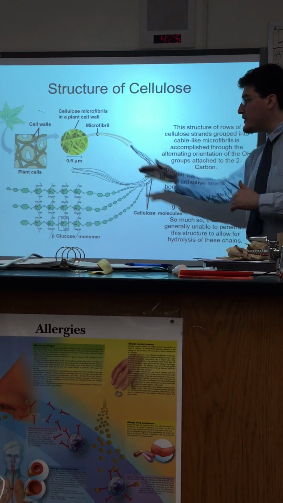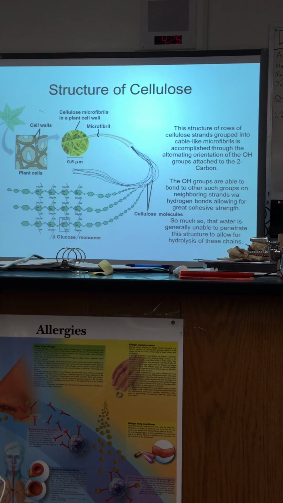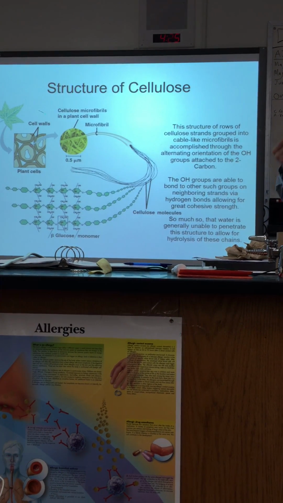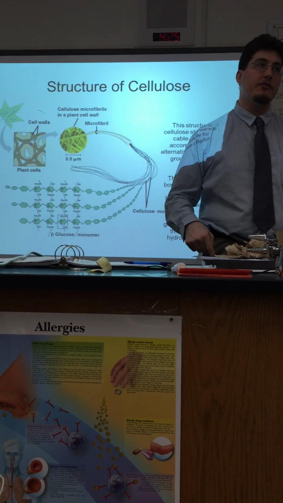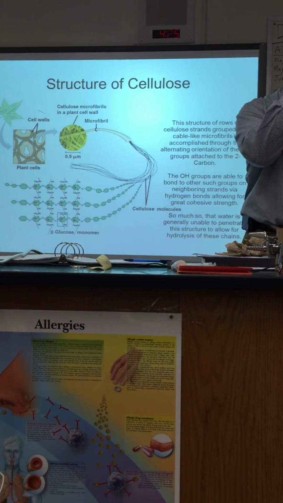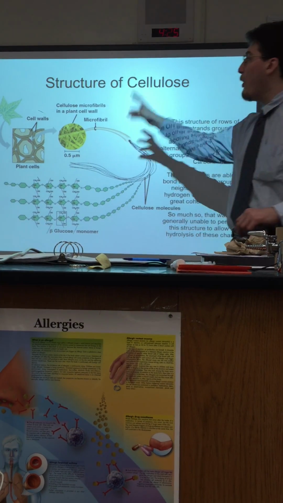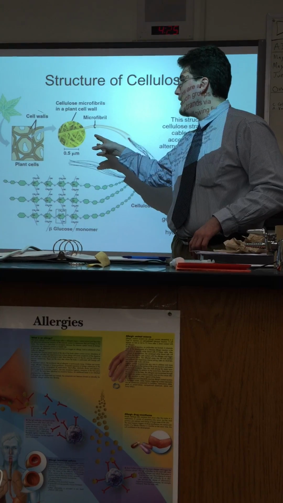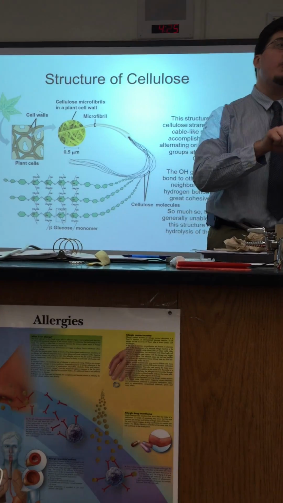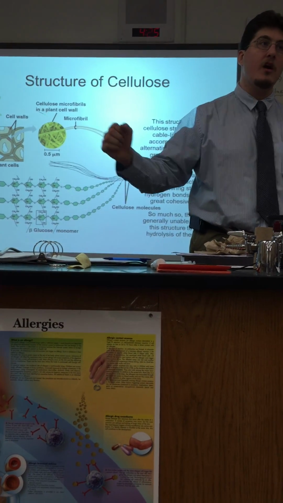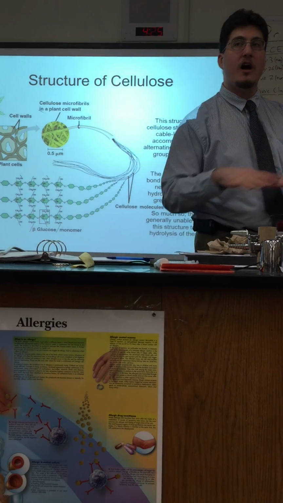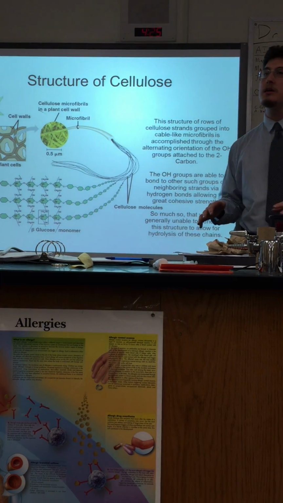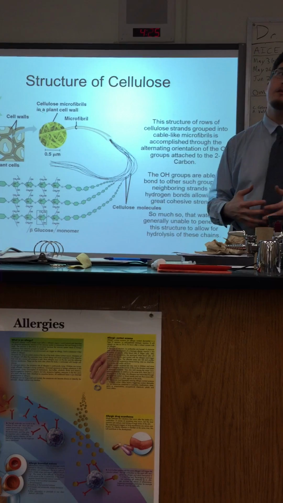But there is room here because water is a small molecule and these are polar bonds for water to just zip right through. So this is porous. This is porous because it is forming individual strands that may cross over each other to form a meshwork that forms the cell wall.